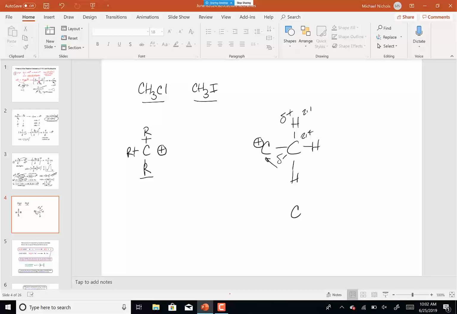Okay, how about 2 carbons? Yes. A secondary carbocation is stable. So it takes at least 2 carbons to form a stable carbocation.